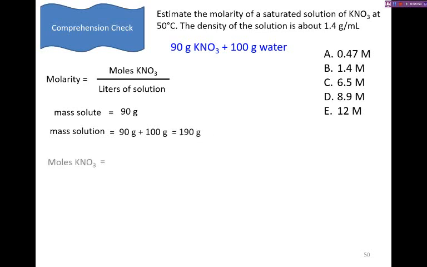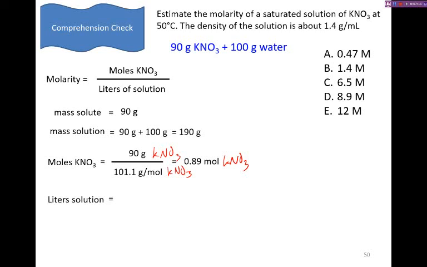Let's calculate the moles of potassium nitrate. That's going to be the 90 grams of potassium nitrate that we saw was dissolved per 101.1 grams of potassium nitrate per mole. That gets us 0.89 moles of potassium nitrate. Our volume is going to be the mass divided by the density.